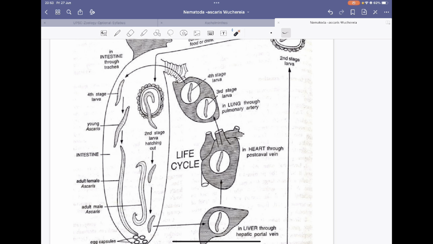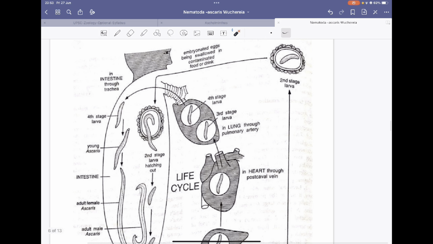Once it enters the lungs, it will develop into the third larval stage and then the fourth larval stage. From the fourth larval stage, the individual will cough or sneeze, and the larvae will again go into the mouth and are ingested back into the body.